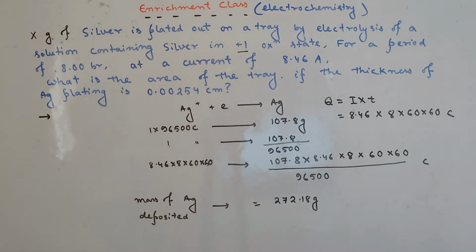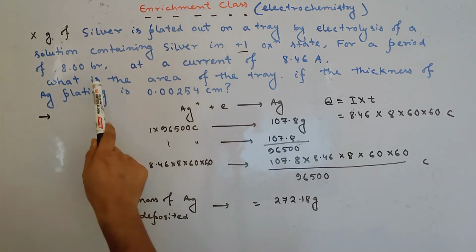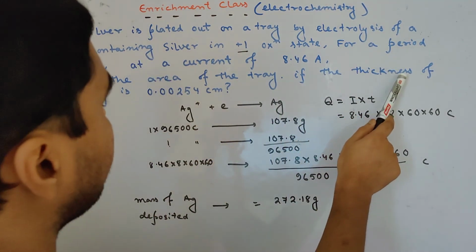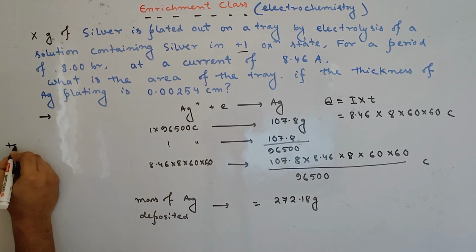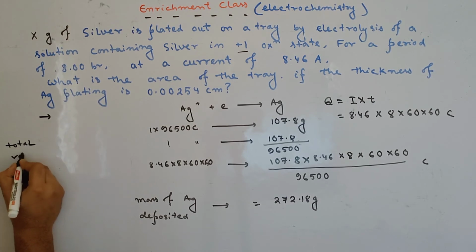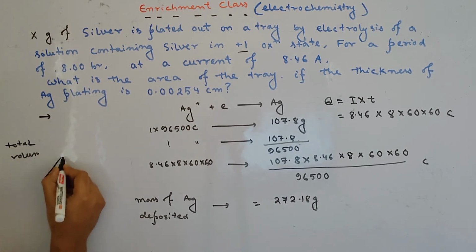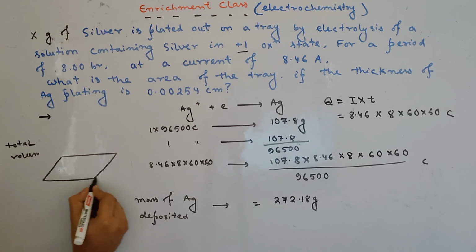But if you re-observe, the question is: what is the area of the tray if the thickness is this much? So we need to understand the total volume. Suppose this is the tray. There will be some kind of thickness.